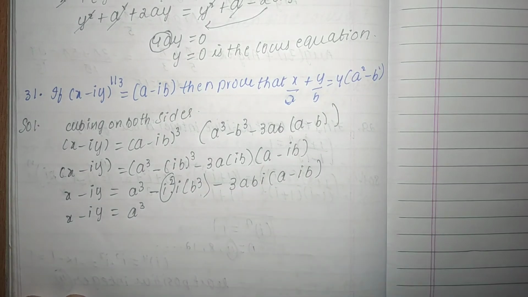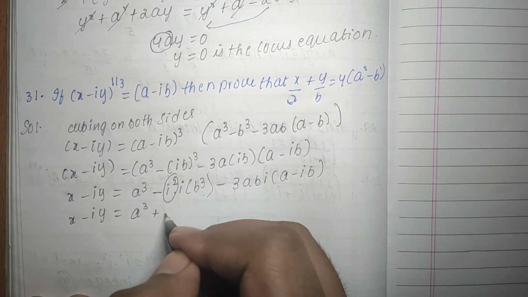The value of i square is minus 1. Minus of minus is plus 1. So b cube i.